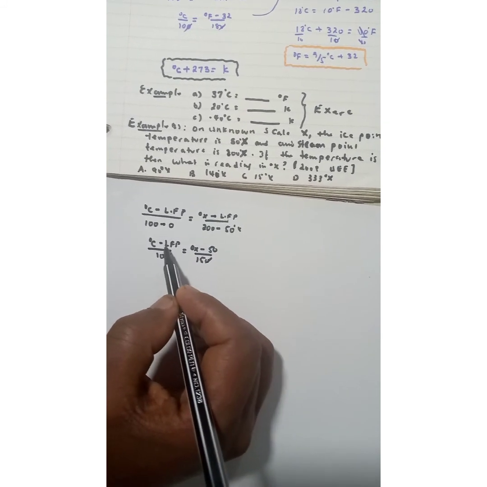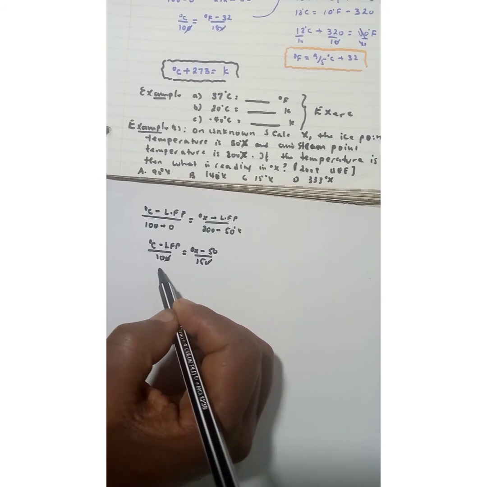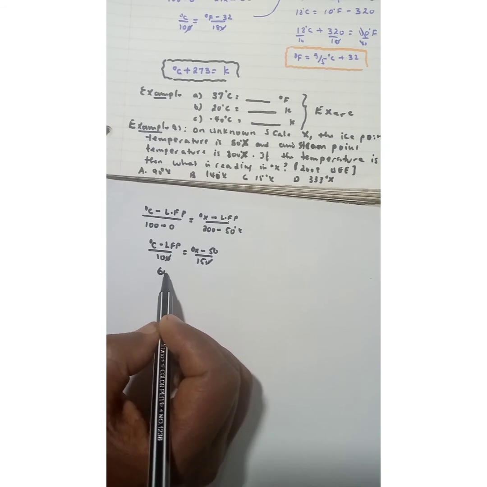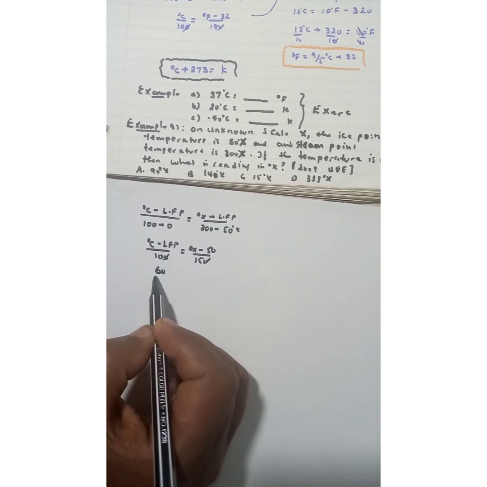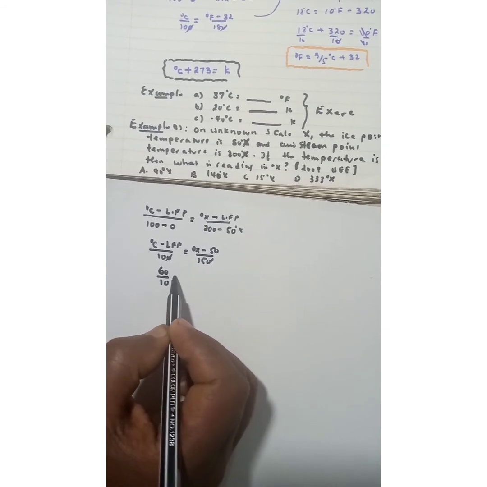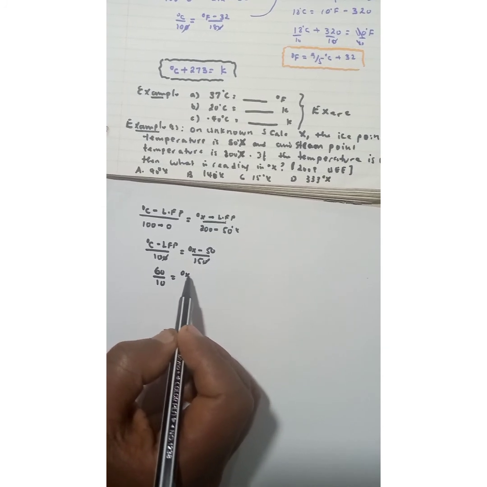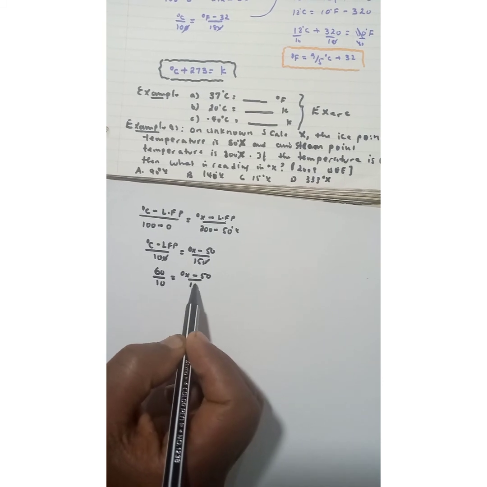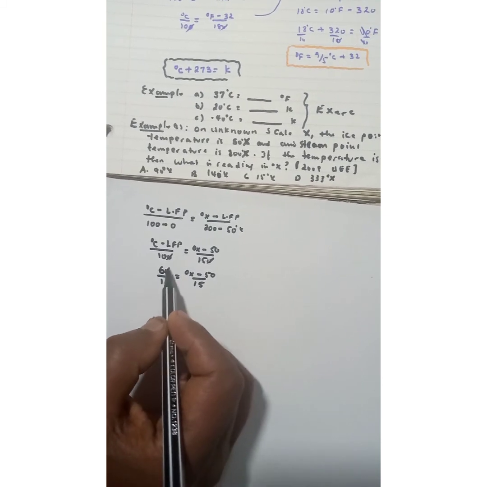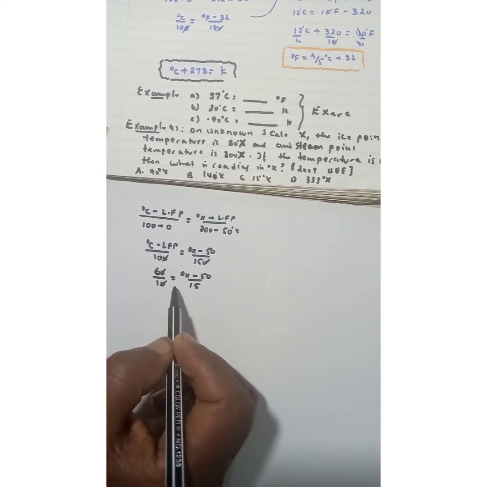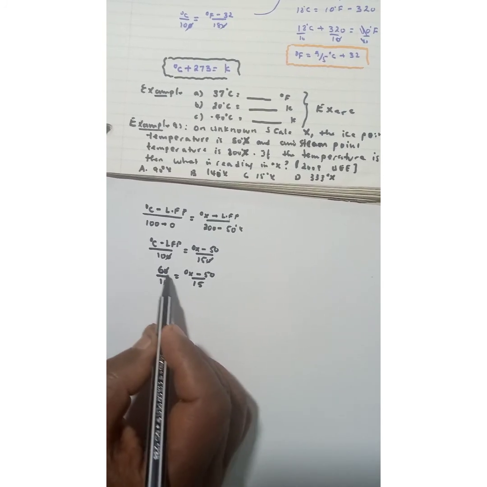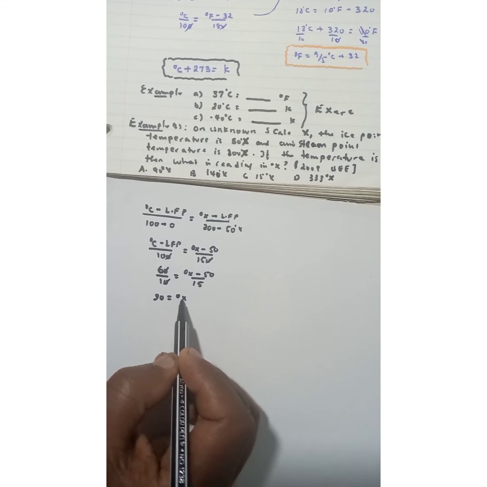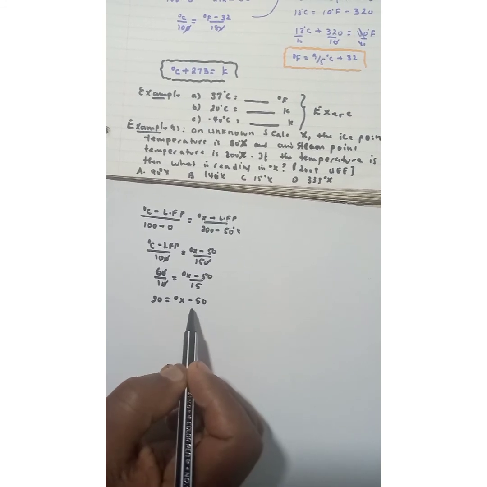Then 60 over 100 equals reading in X minus 50 divided by 150. 0 cancels 0, and crisscross: when we multiply, 6 times 15, 90, equals reading in X minus 50.